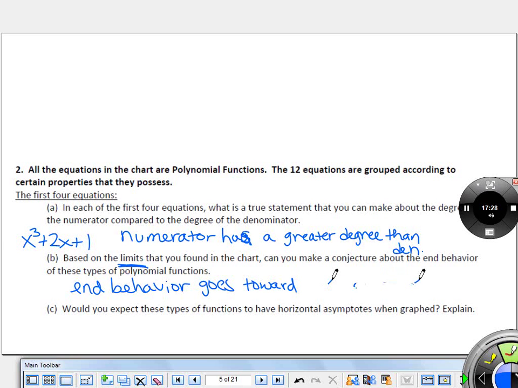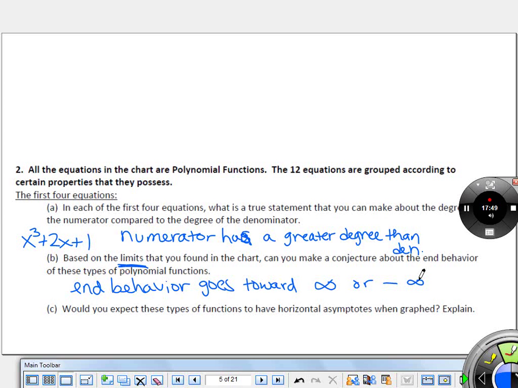We saw both happen, and sometimes they were the same, and sometimes they were different, okay? So in these functions, they don't settle down. That doesn't mean you're going straight up. It could curve like a parabola, it could travel like a line, but it's still traveling up forever on one end or down forever depending on what you get, okay?